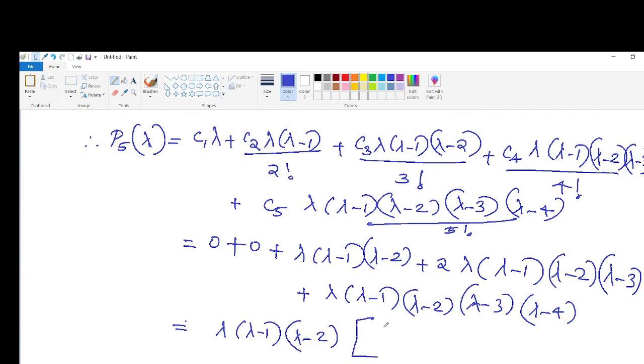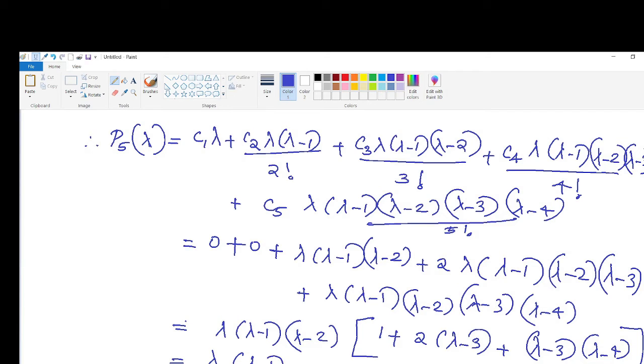So the remaining term is 1 plus 2 into lambda minus 3 plus lambda minus 3 into lambda minus 4. That means this is equal to lambda into lambda minus 1 into lambda minus 2 into lambda square minus 5 lambda plus 7.